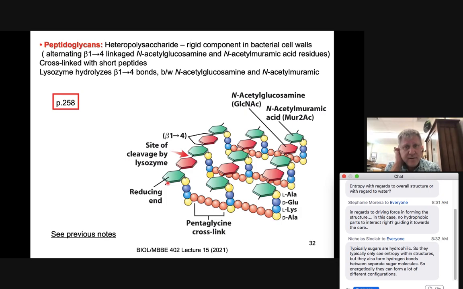So this becomes very important in a primary immune response, using enzymes to erode or weaken bacterial cell walls to allow you then to attack those.